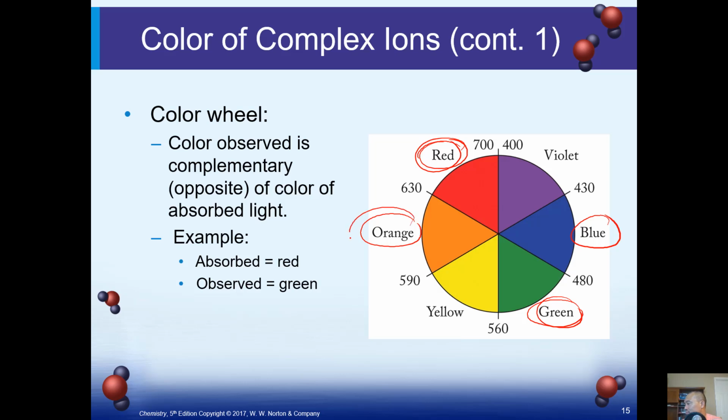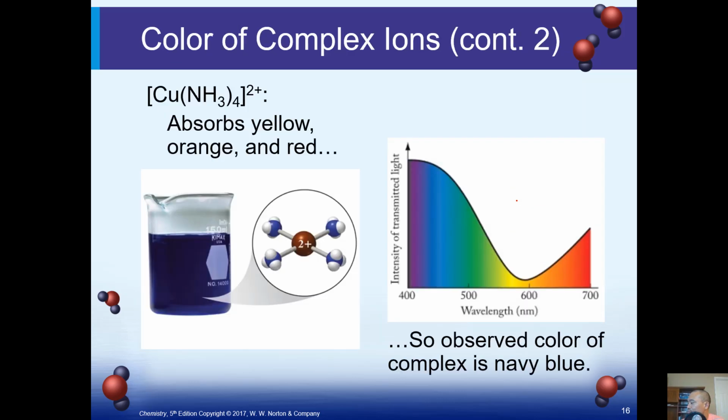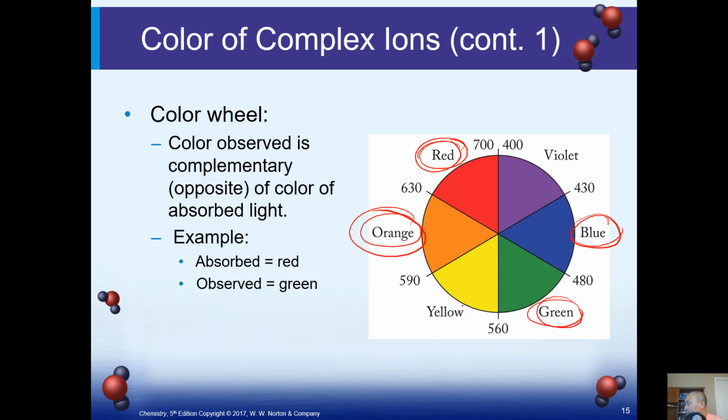Orange absorbed, so blue will show up. Look at one more example. If yellow is absorbed, then purple will show up. You see, yellow is absorbed, so purple will show up.